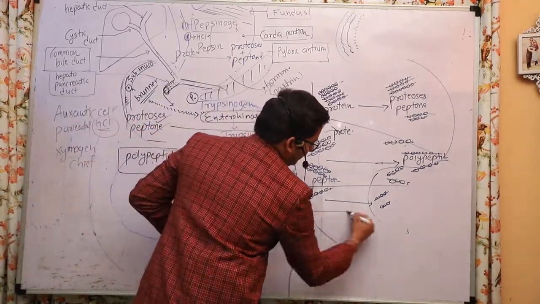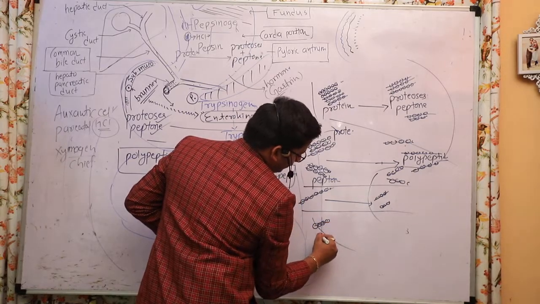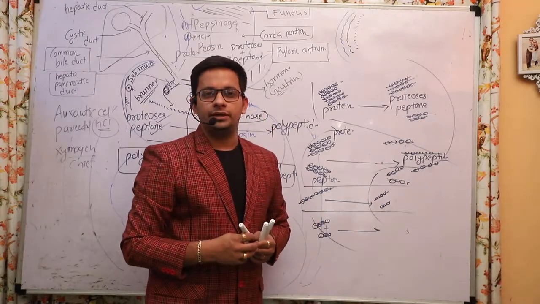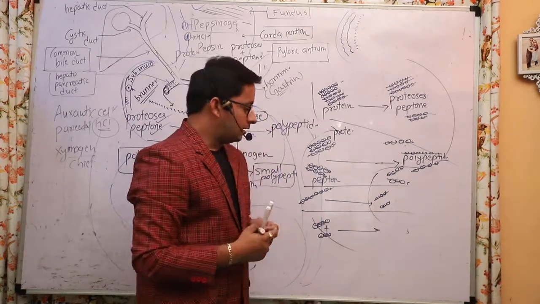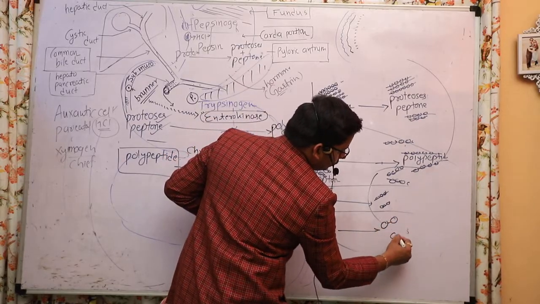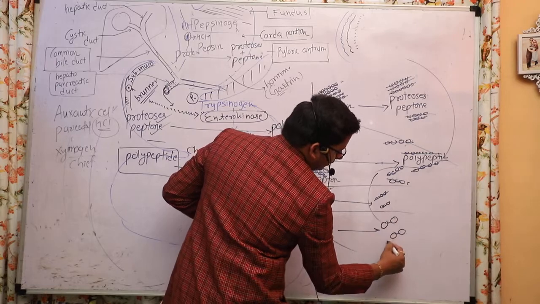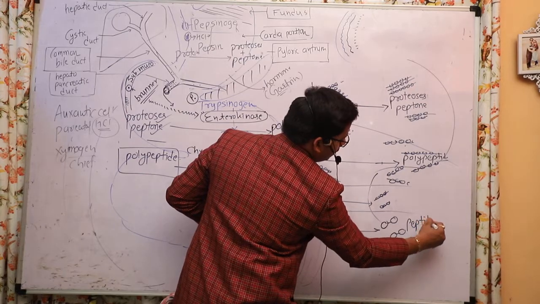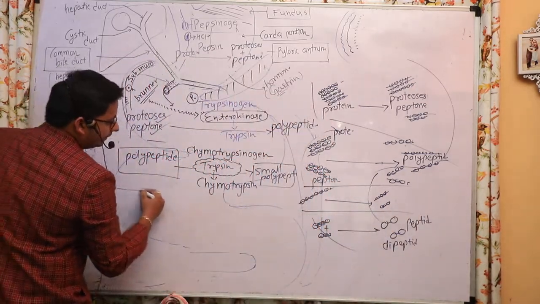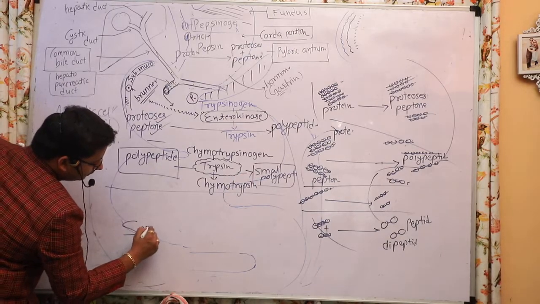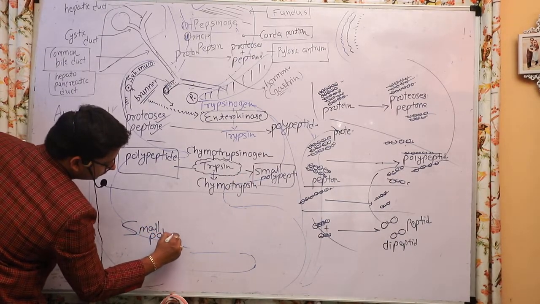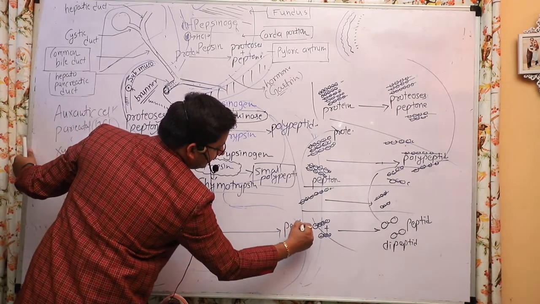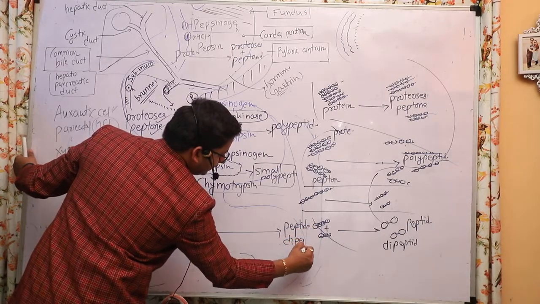This small polypeptide is made up of 3 or 4 amino acids. Now the digestion of protein continues, it is not completed. It will convert into 2 amino acids, that is dipeptide, or we can say peptide.